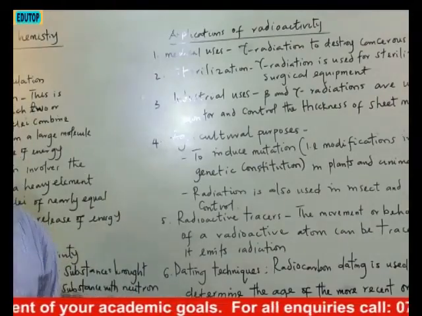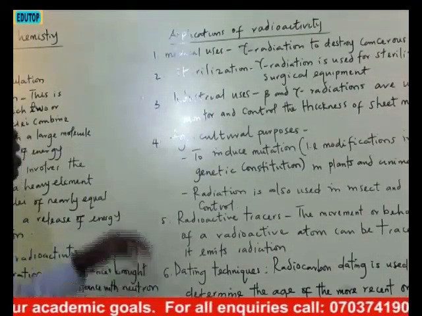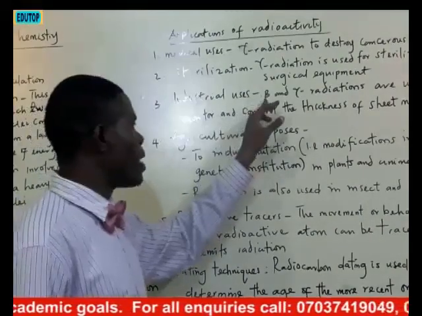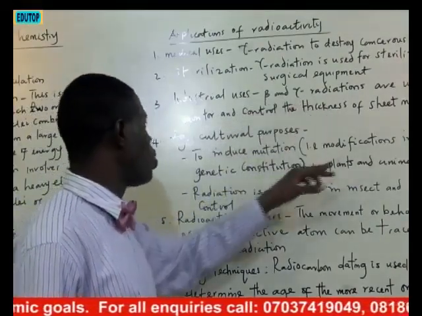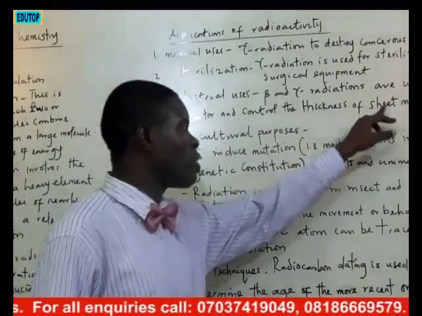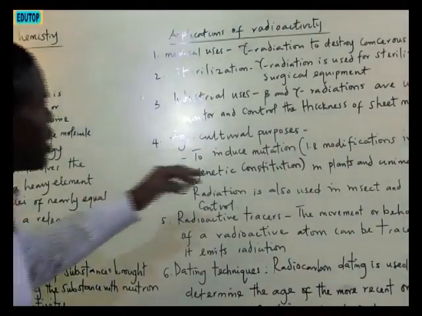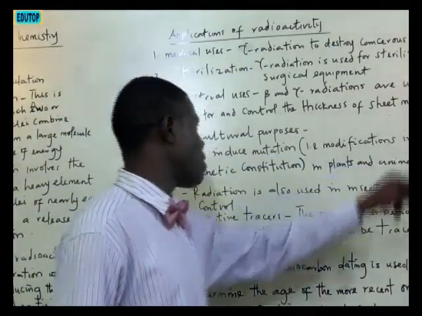We use gamma radiation to sterilize surgical equipment. Industrial uses. Beta and gamma radiation are used to monitor and control the thickness of sheet materials. We use it to monitor and control the thickness of sheet materials.